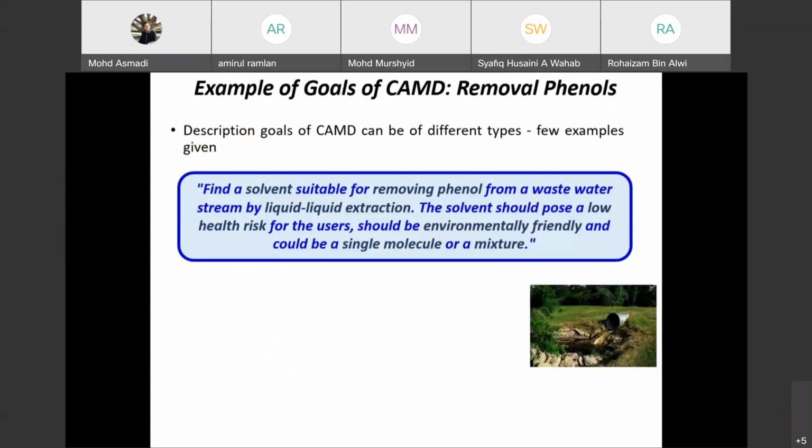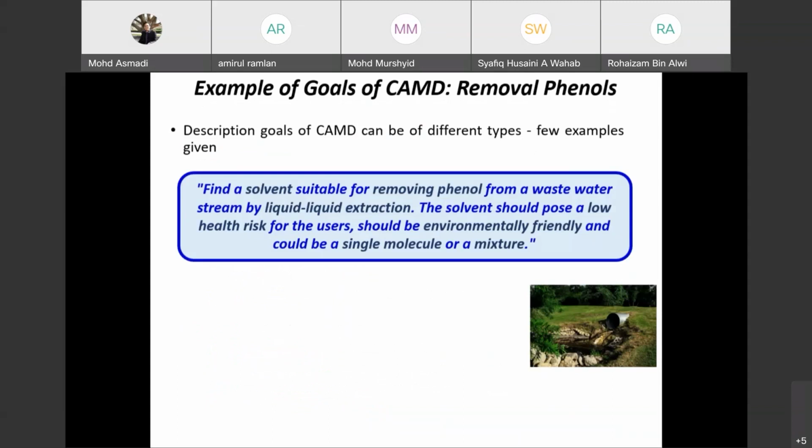Kalau awak tengok kat sini kan, description of the goals can be different types. For example, find the solvent suitable for removing phenol from a wastewater stream by liquid-liquid extraction. The solvent poses a low health risk for users. Should be environmentally friendly and could be a single molecule or mixture. Okay, kalau kita tengok kat sini, yang ni adalah well-defined problem sebenarnya.